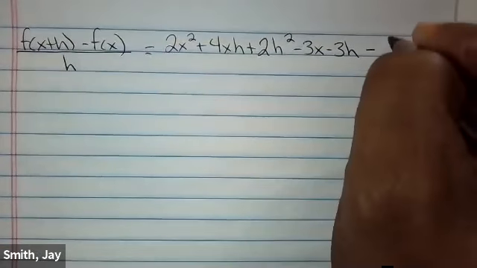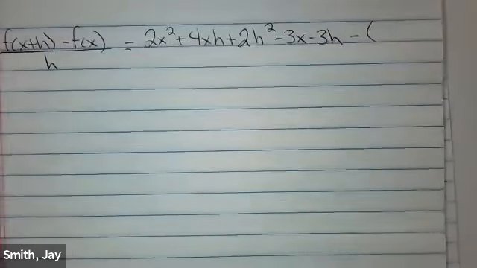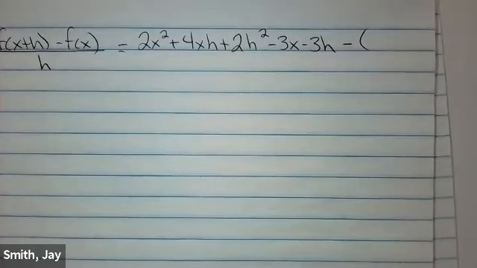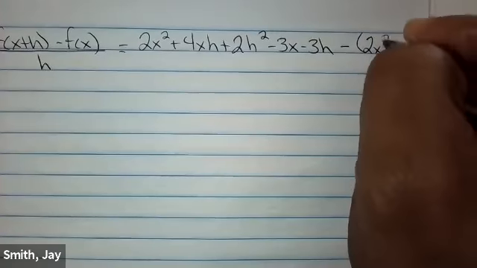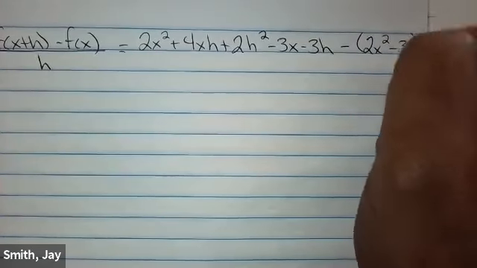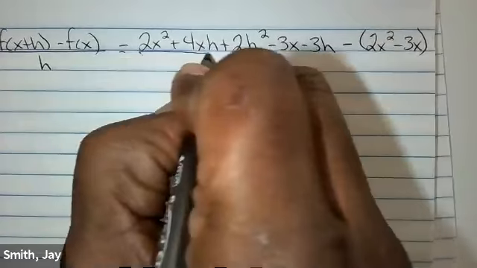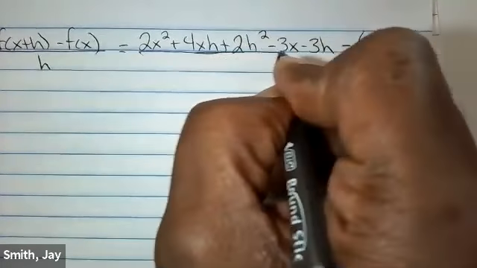I'm going to subtract f of x from it. Remember, the f of x was given to us. The f of x is 2x squared minus 3x. And all of this is being divided by h.